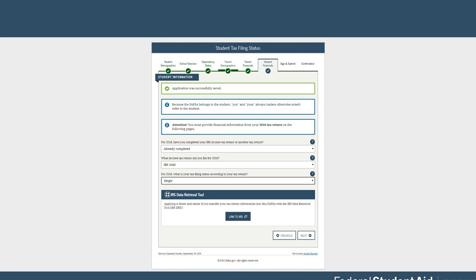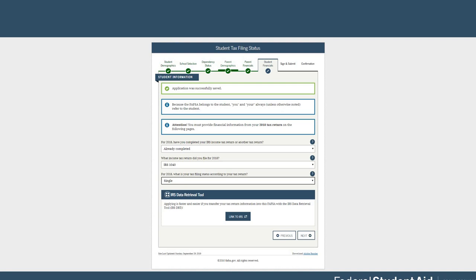Now, you have the option of using the IRS data retrieval tool just as your parent did as explained in part 2. And what that means is, if this link works, if you did file a tax return and this link works, then the FAFSA will retrieve your tax information from the IRS database and put it into the appropriate boxes in the FAFSA.